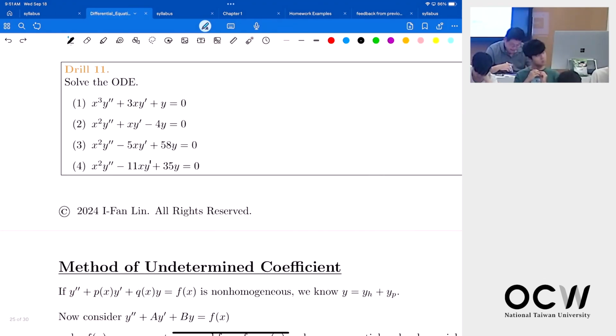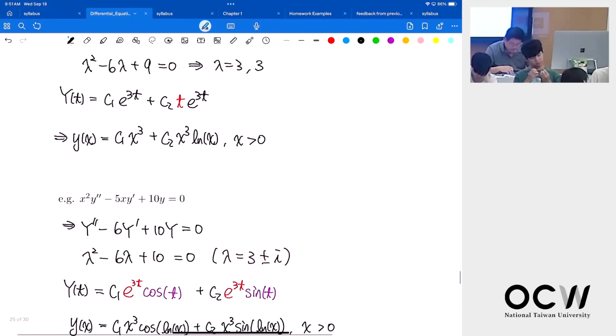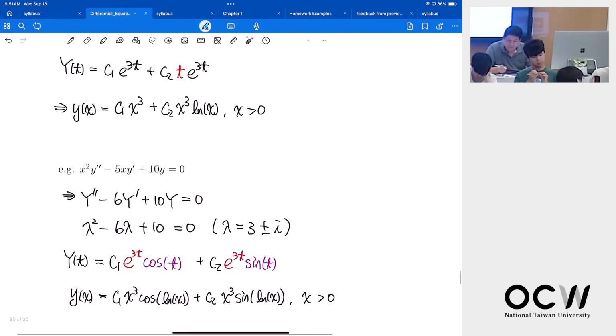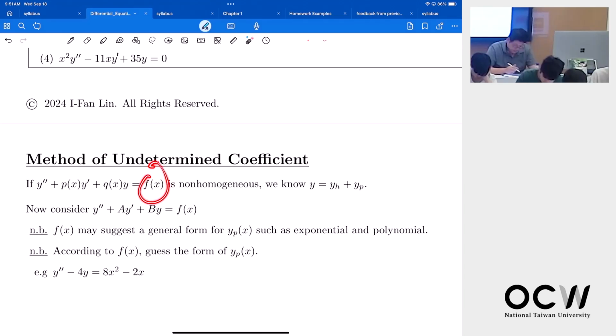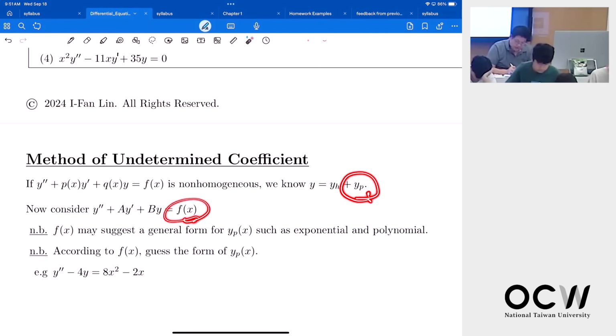Next. So far, we just have the homogeneous equation. The forcing function is 0. Now, if it is not 0, this is non-homogeneous. If it is non-homogeneous, we know that the solution should be the homogeneous solution plus the particular solution. But how do we find the particular solution? It depends on this f of x.